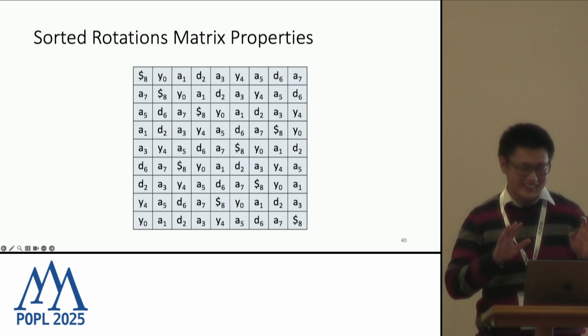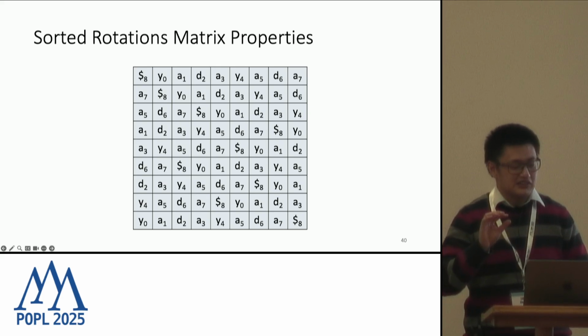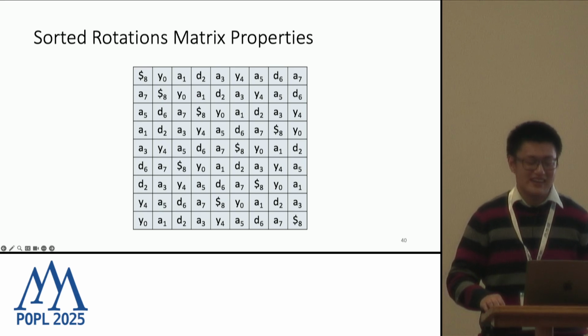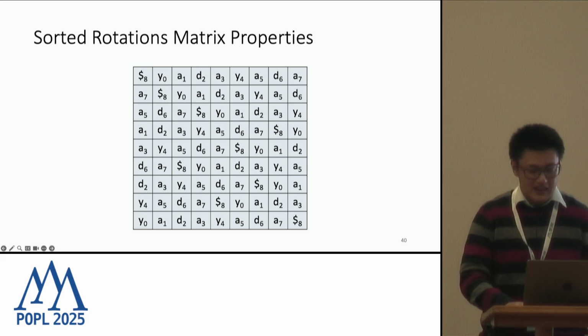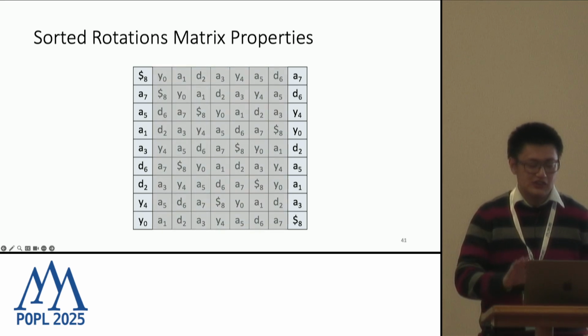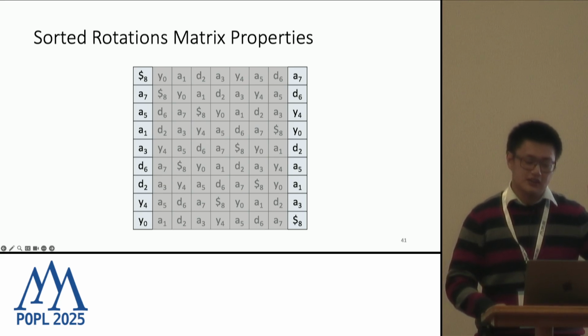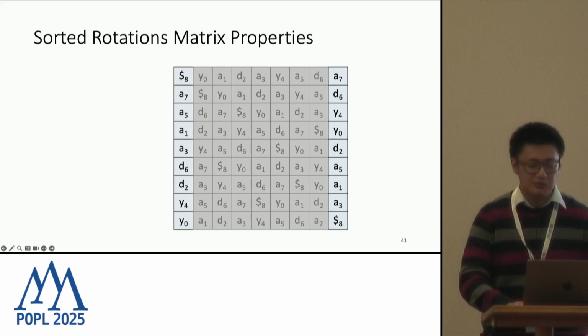So what we do now is augment each symbol with its location in the original sequence. And that's to make each symbol unique. Then we also want to ignore basically the center part of that matrix, so only consider the first column and the last column. And with that, we can start talking about the key properties.